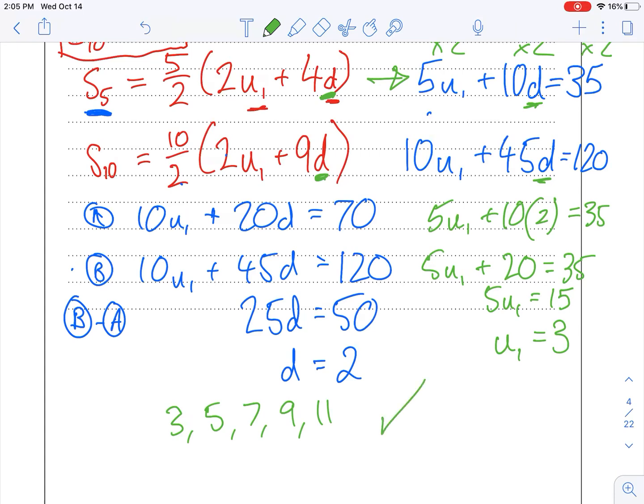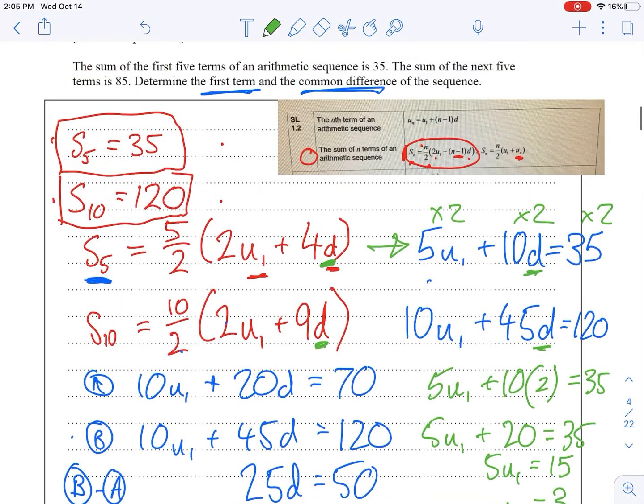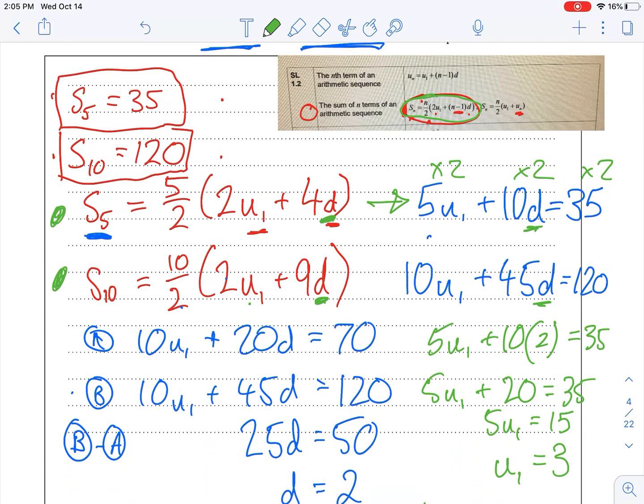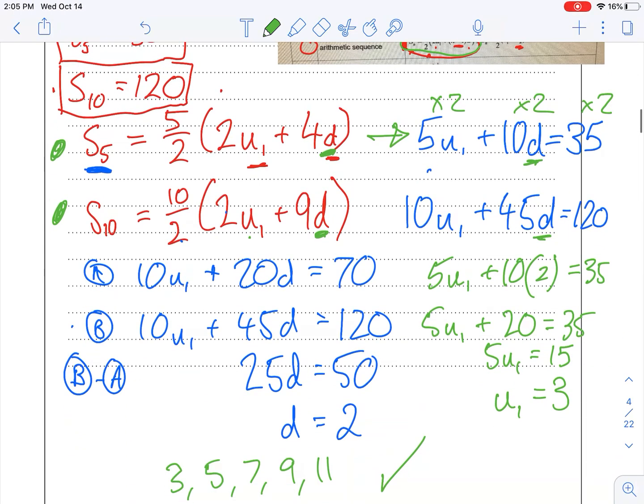It does all add up to 35. I think we've got the right answer here. So there we go. A lot of things we had to look out for. Use all of those tools in your toolbox. Can I form a couple of equations where there's only 2 unknowns? That was the key there, and then I could use simultaneous equations.